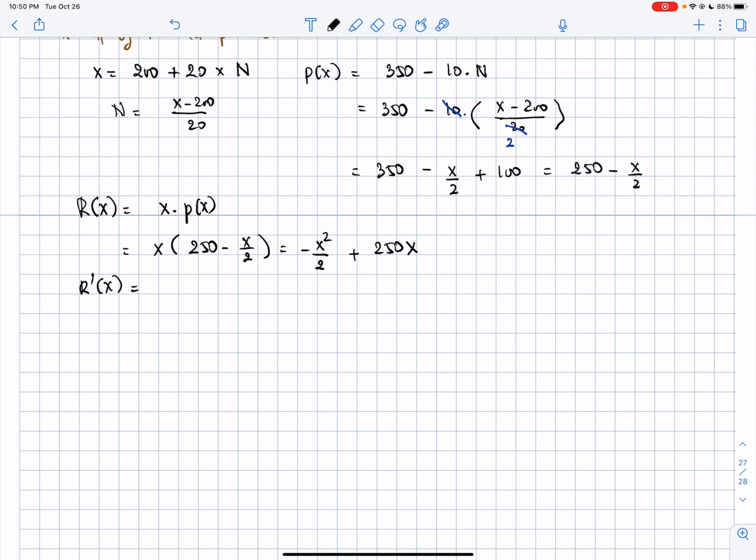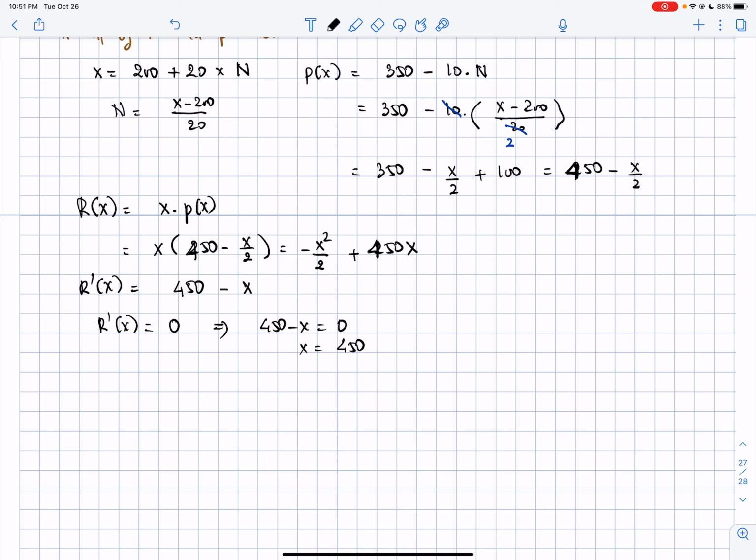Oh, this is 450, sorry, 450. So R prime will be 450 minus x. And we find the zero of R prime of x, then we will get 450 minus x equal to 0 and x equal to 450.